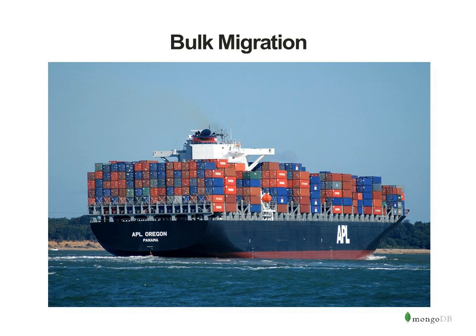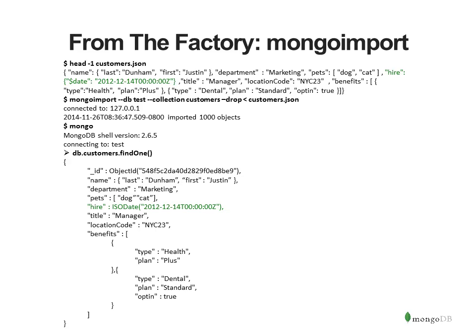The good news is that there are a number of tools and techniques to help you get from where you are to where you want to be in your end-state MongoDB installation. Let's look at the easy one to start. Mongo import. So if you can, here's an example of a JSON file, character return delimited JSON.